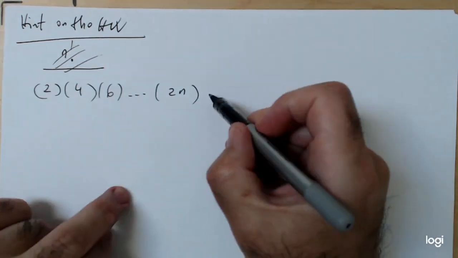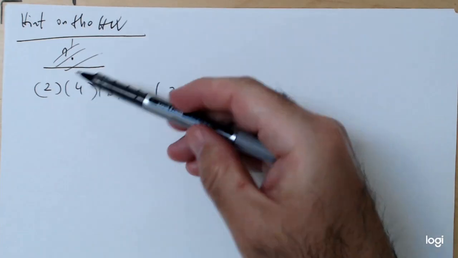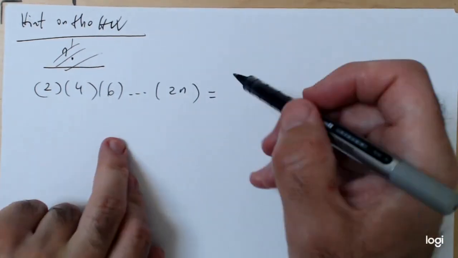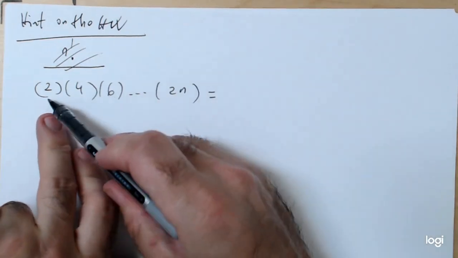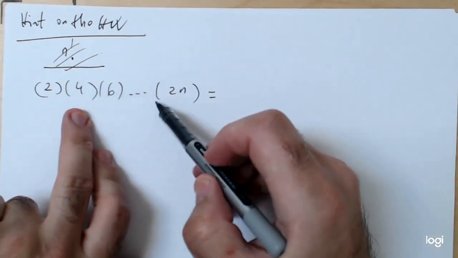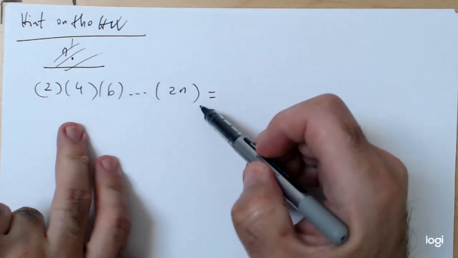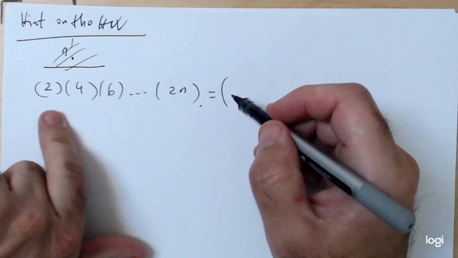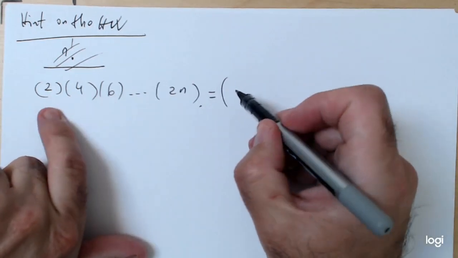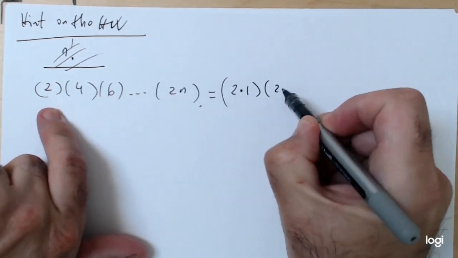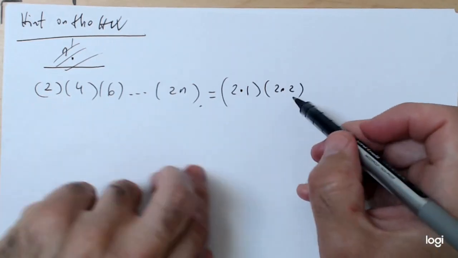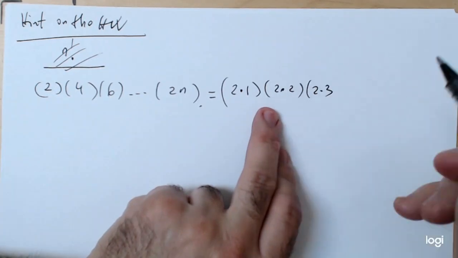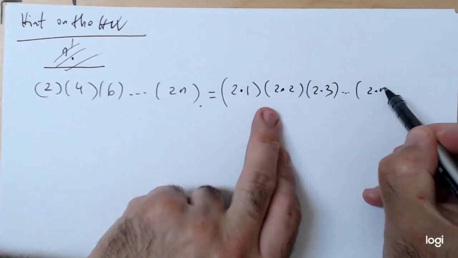You can actually, just for purposes of simplifying, maybe with something on the bottom of a fraction, because that's what happens in those problems, it might be beneficial to pull all the 2's that come as factors of these coefficients out. Because all of these are evens, you can pull a 2 out of each factor. So you can think of 2 as 2 times 1, 4 as 2 times 2, 6 as 2 times 3, and so on.